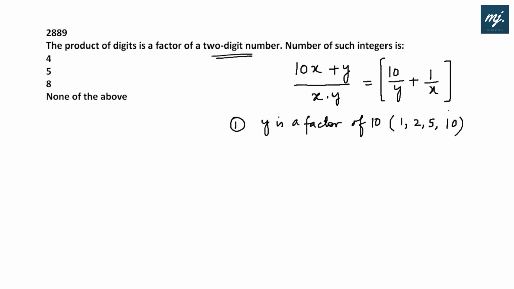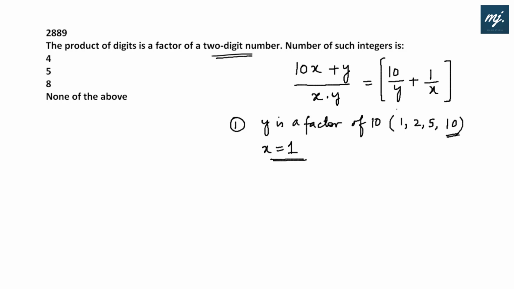Y should not be equal to 10, obviously. So if I take y as factors of 10, this 1 by x should also be an integer. So along with that, the value of x should be only 1. First case. So let us put these values and check.